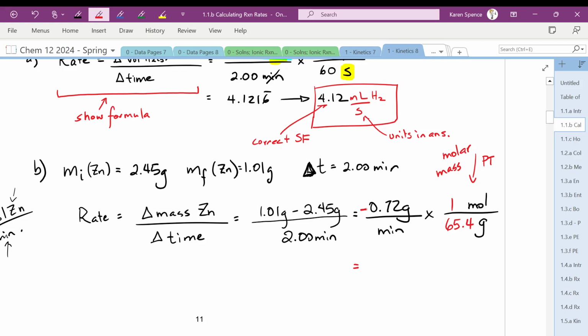Oops, I forgot my negative sign. Hang on a second. 1.01 minus 2.45 equals negative 1.44.